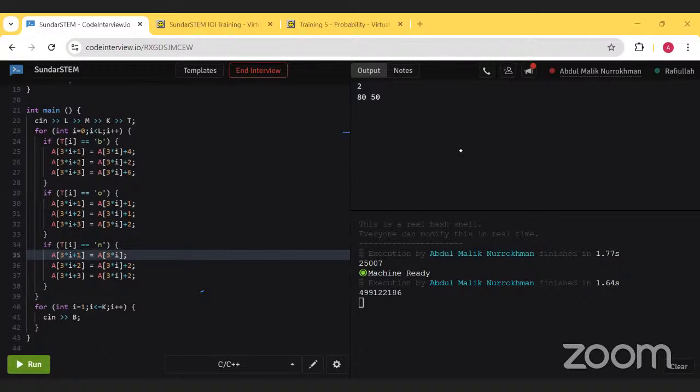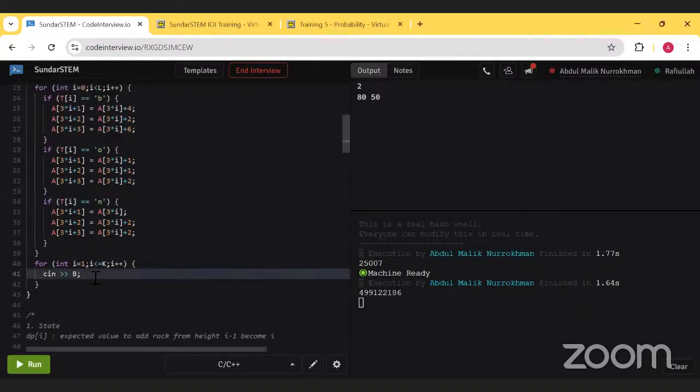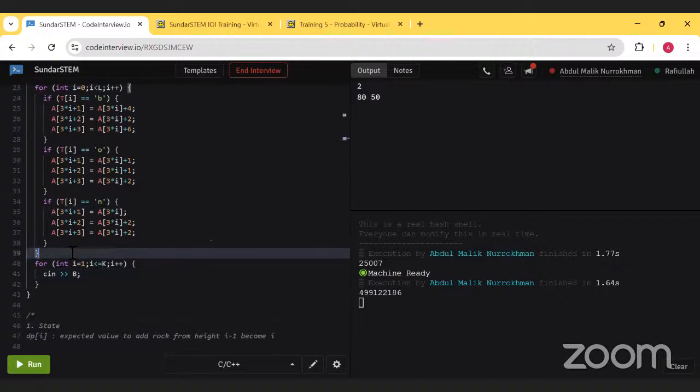So what next? After that, we want to answer the queries. So the last character will be on 3 times L, right? And then because we multiply it by M, we can just multiply it by M here.